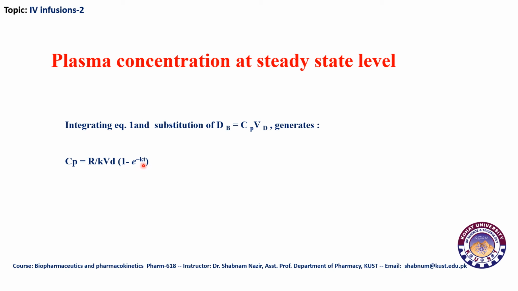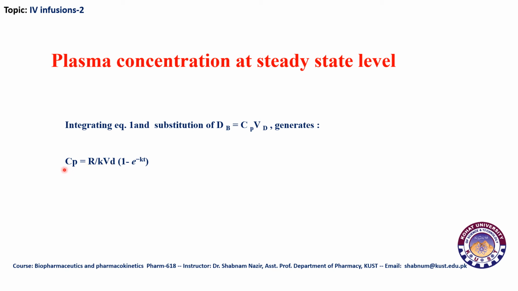K is the elimination rate constant and t is the time taken to achieve the steady state level, Vd is the volume of distribution, and R is the infusion rate.